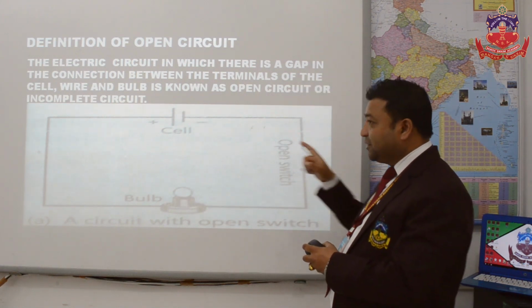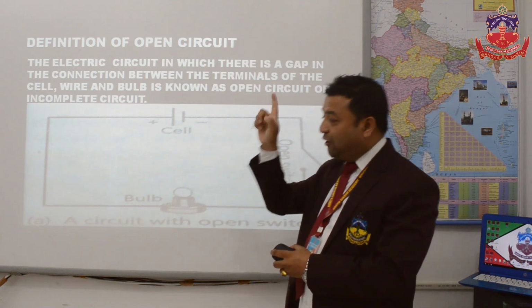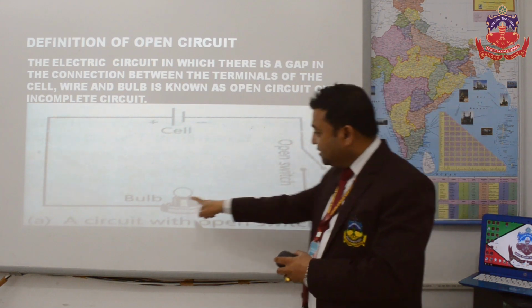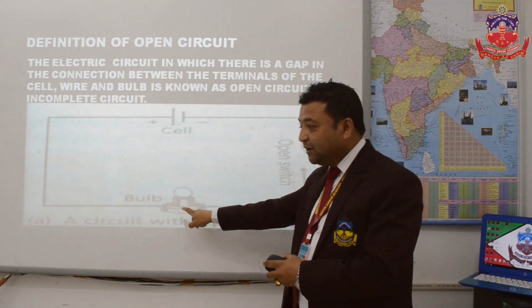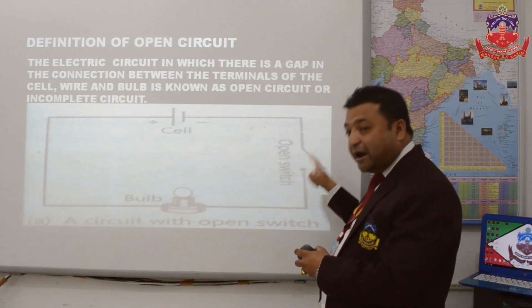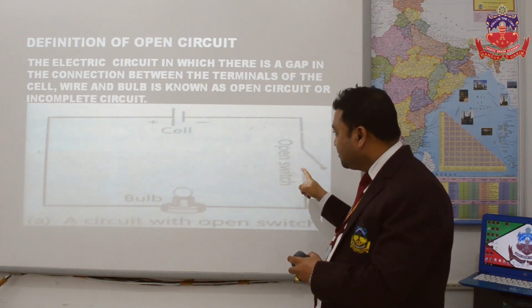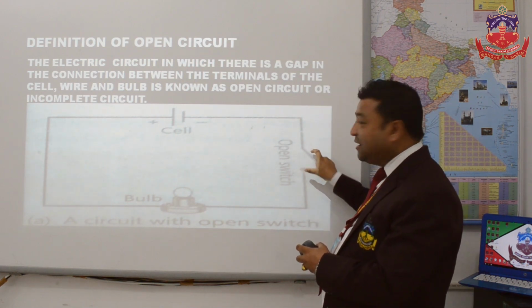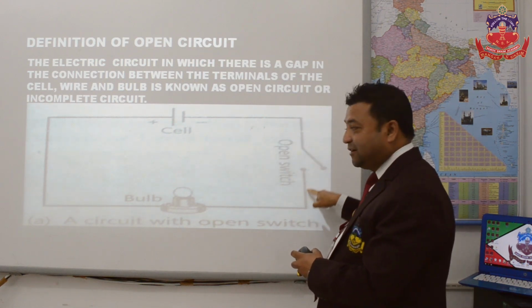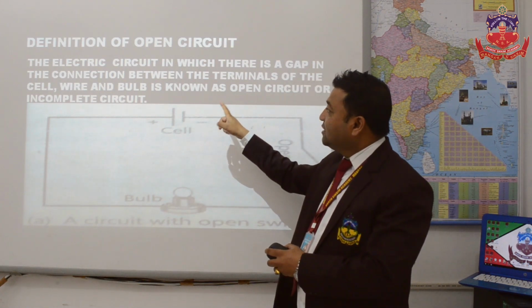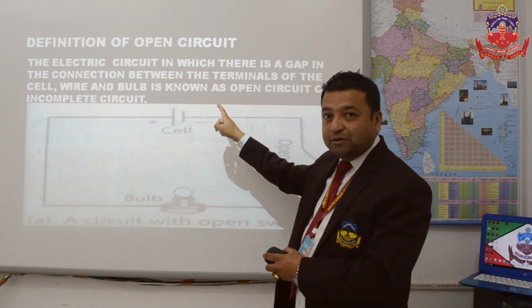When you switch off the light, see the gap here, that means this bulb is not glowing. Here we can see there is a gap in the flow of current. Why there is a gap in the flow of current is because when you switch off the light, the flow of current does not reach the bulb. That is why this is known as an incomplete circuit or open circuit.